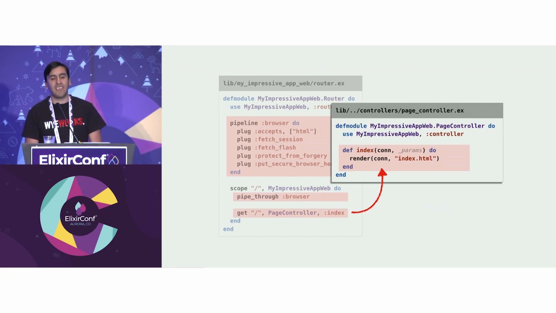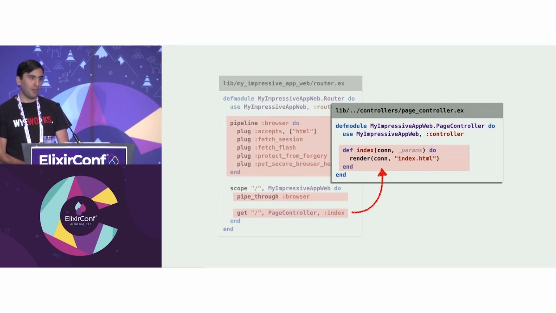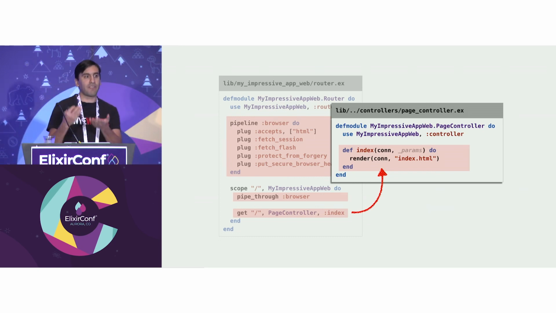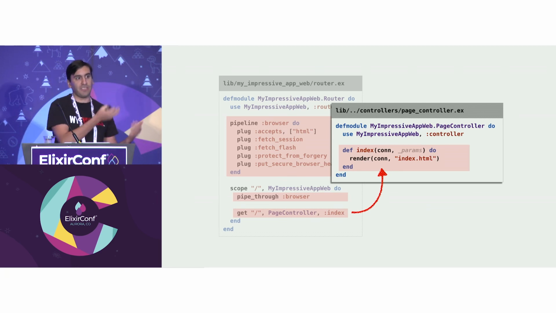Since this is the last plug in the list in real Phoenix applications, here is usually where you compute the response of your request. Of course, you make use of all the things that Phoenix sets up for you, the views, the templates, the render function. But it's good to be aware that the render function, for example, is internally relying on the send_resp function that I used in my example.